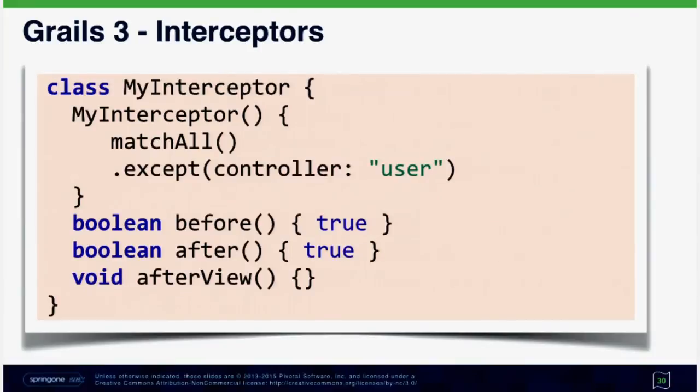But in terms of interceptors, you can define them, you can override the matching using the match all method and configure matching. Jeff had an interesting idea as well: if you implement configuration aware in your interceptor, which has a set configuration method, that gets called when the interceptor is initialized, and you can read your matching strategy from your configuration.